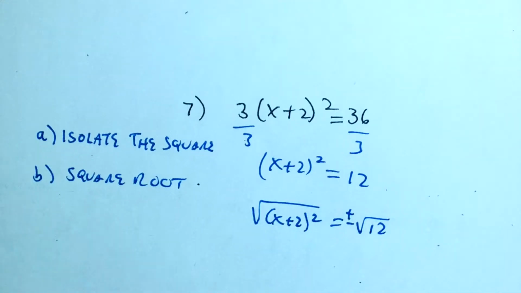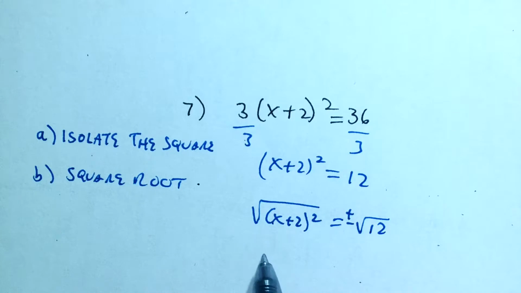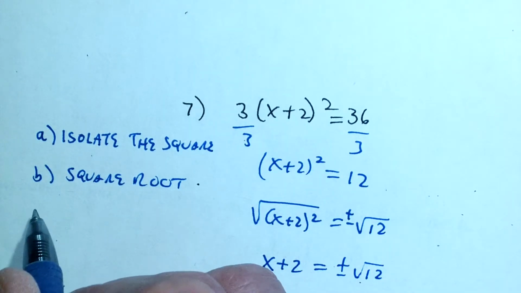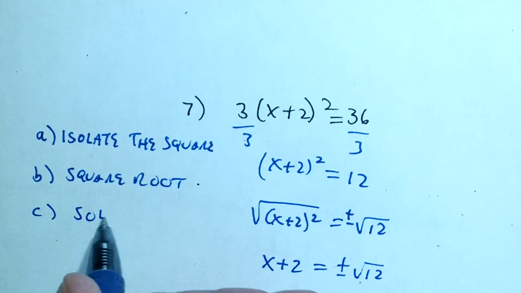And then we know that to square and take the square root, they're inverse operations, so we get just this base that was being squared. And then finally, what we do is we solve for x, if there's anything else to do to get x to be isolated by itself. So I'm just going to say we solve.